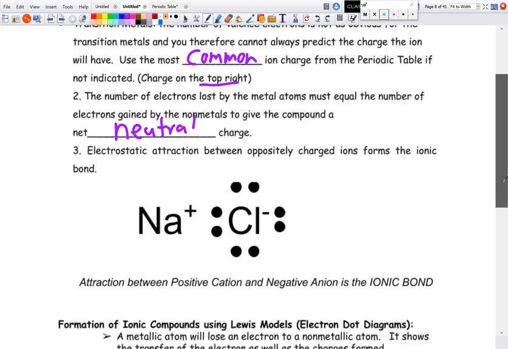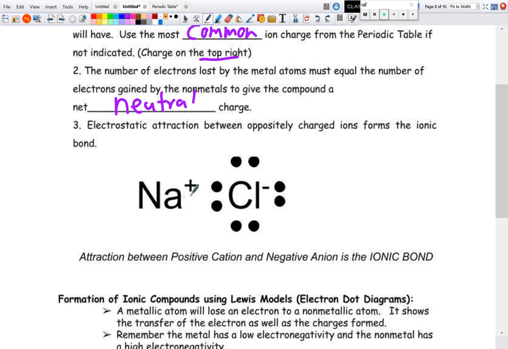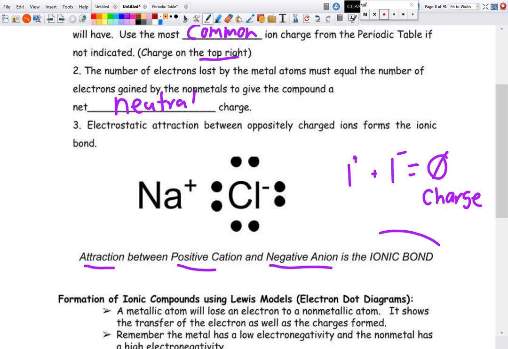For example, sodium chloride: sodium +1, chlorine 1-. If we add a +1 and a 1- together, we get a 0 charge. So all ionic compounds need to equal out to a 0 charge when you're done. And an ionic bond is just the attraction between the positive cation and the negative anion. That is our ionic bond.